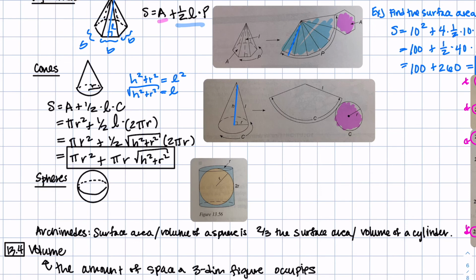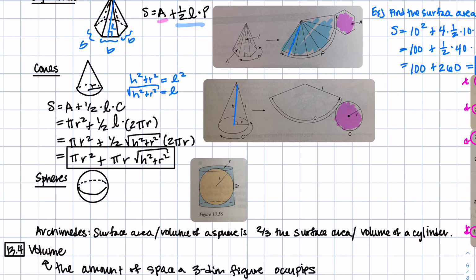But I think in the beginning of the last chapter there was a note about Archimedes, who found this cool relationship that the surface area and the volume of a sphere are both 2/3 the surface area and respectively the volume of a cylinder.